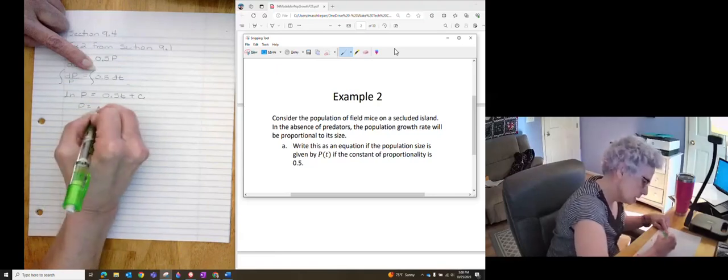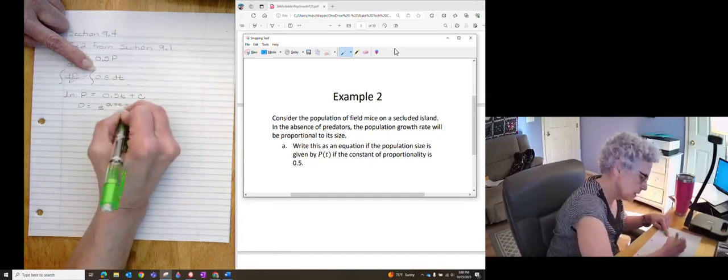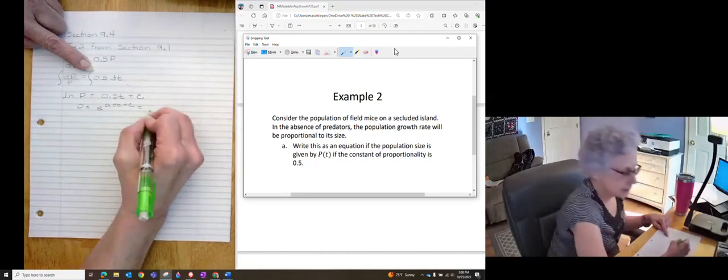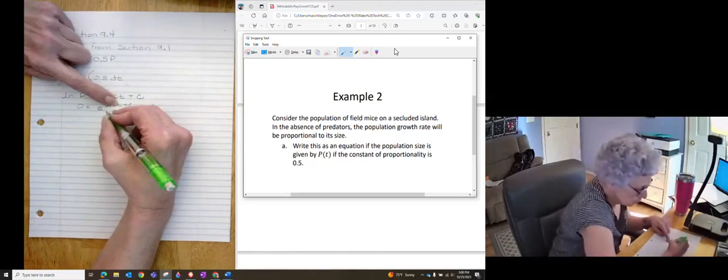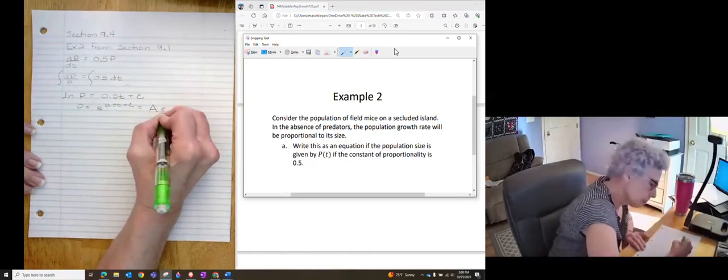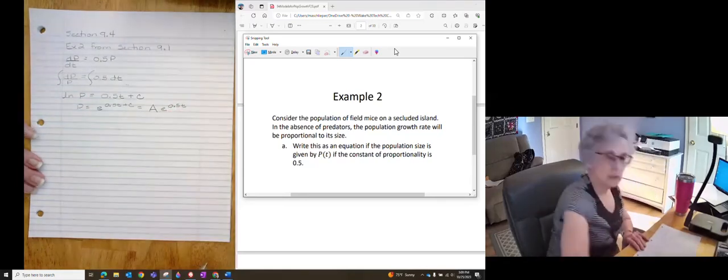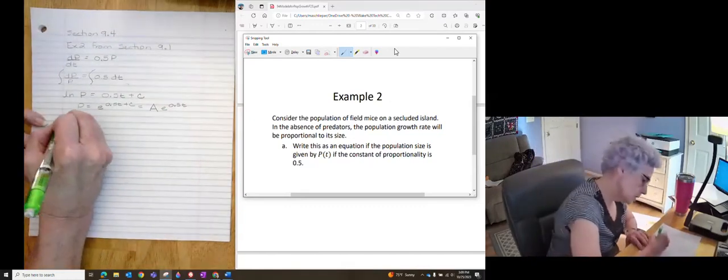So P is equal to e to the 0.5t plus a constant, which is equal to some other constant, e to the C, times e to the 0.5t.